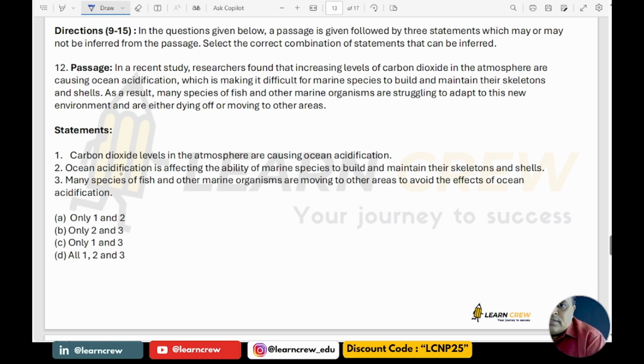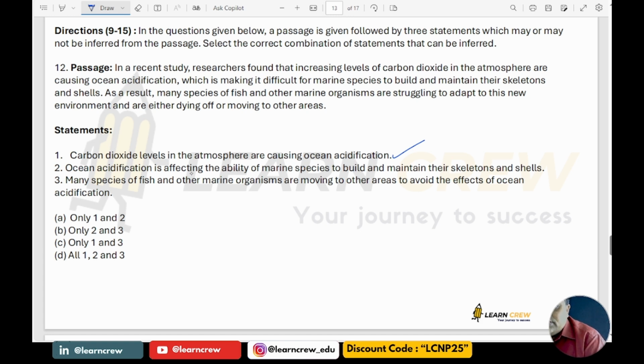The first one, carbon dioxide levels in the atmosphere are causing ocean acidification. It is directly mentioned in the passage, and it states that increasing levels of carbon dioxide in the atmosphere are causing the ocean acidification. So 1 can be inferred from the passage. What about 2?